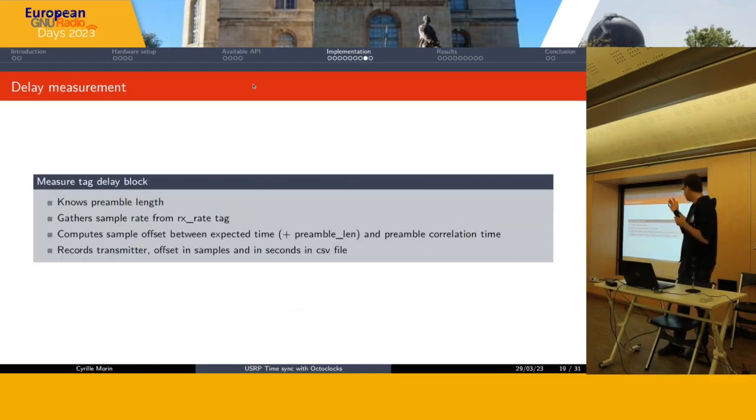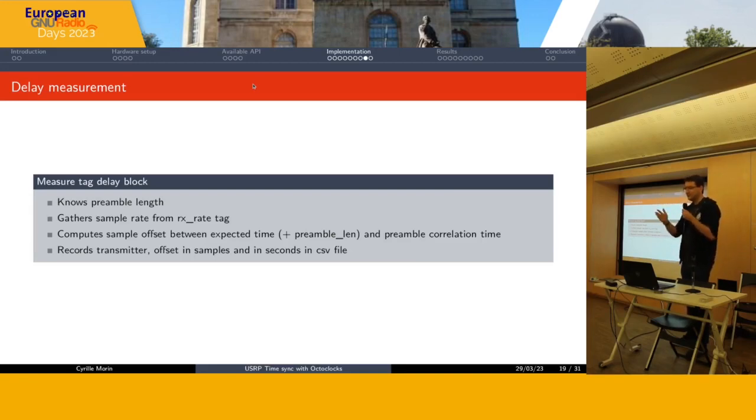And finally the delay block, it's going to look at those two tags that have a different name, of course. And you have to give it the length of this burst, because the expected time from the messaging corresponds to the first sample that is transmitted, and the correlation time corresponds to the last sample.